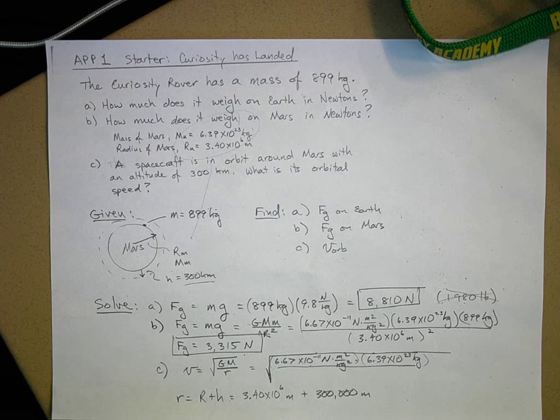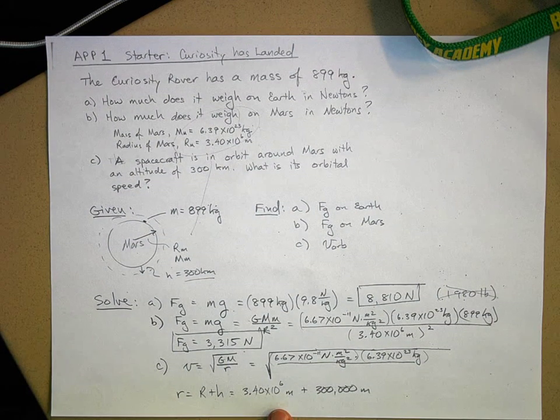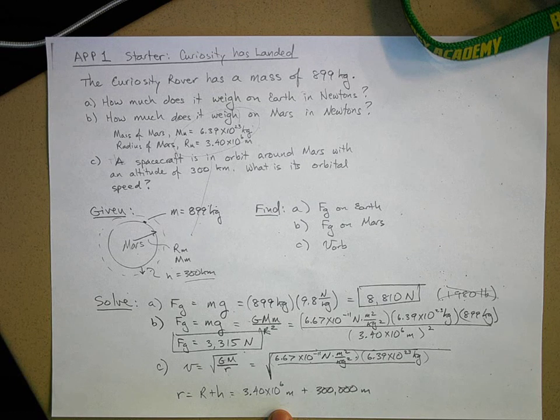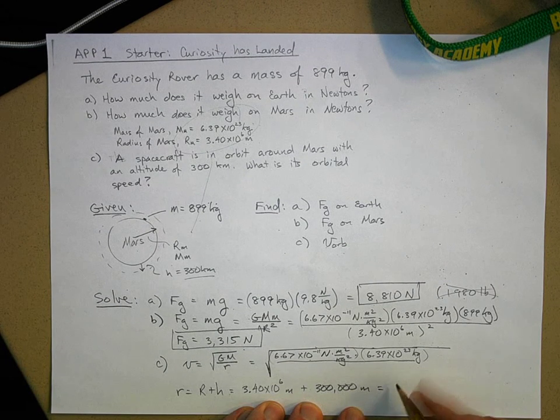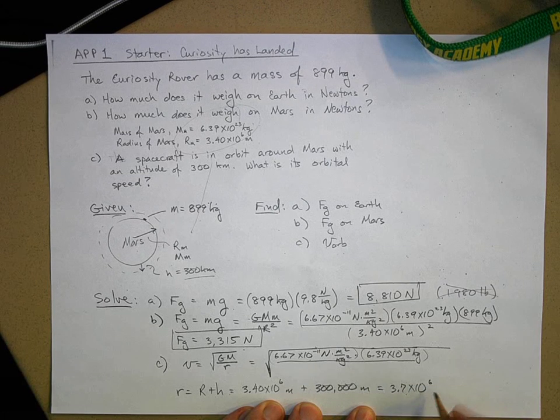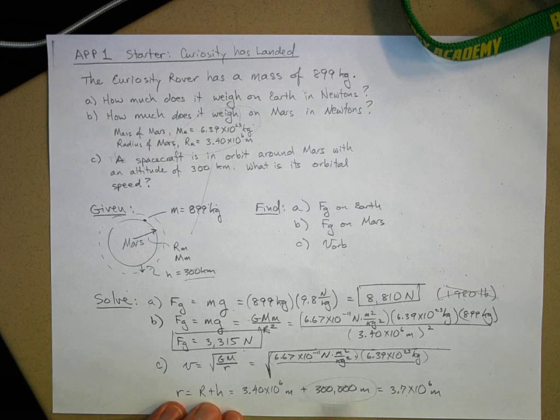Okay, so 3.4 times 10 to the 6, plus 300,000. I should be able to do this in my head. It's 3.7 times 10 to the 6 meters. Now, you could have done this in here because look at this number.